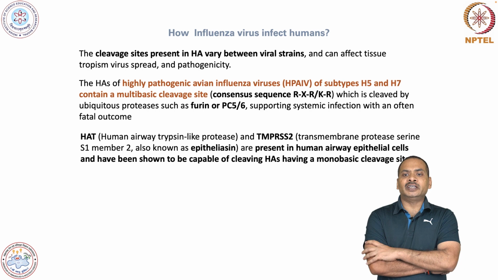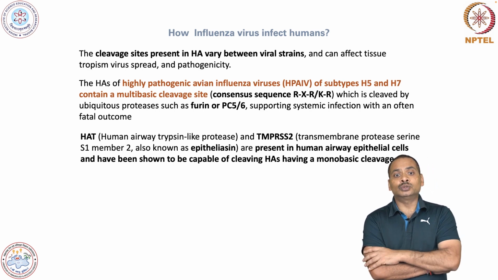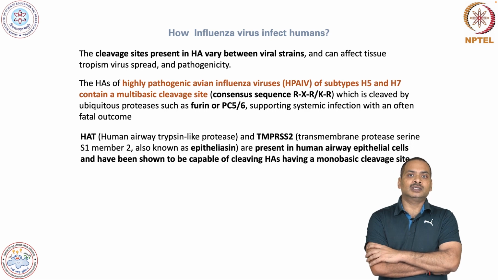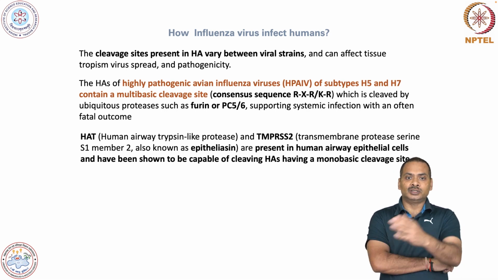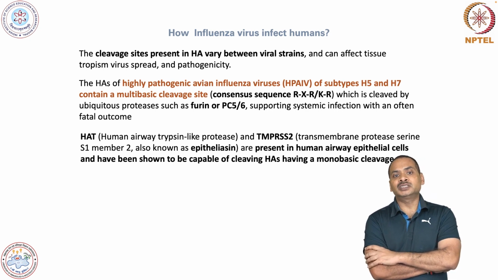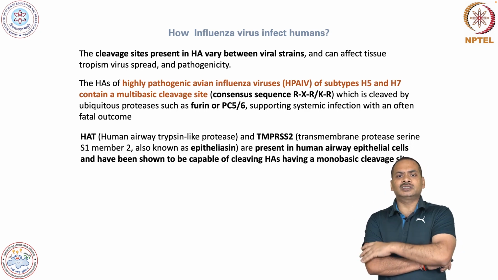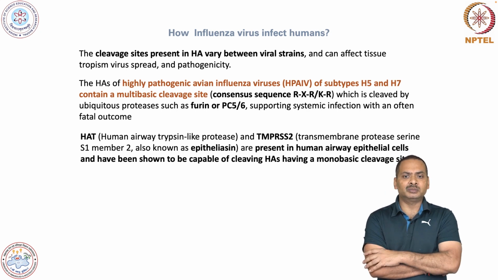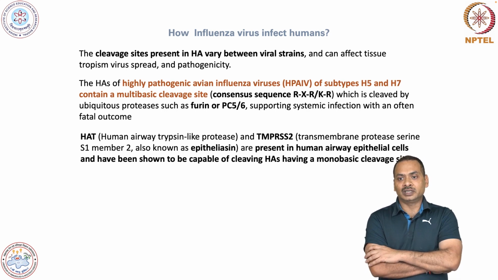They are present in airway epithelial cells and have been shown to cleave the HA protein having a monobasic cleavage site. Over there you saw a multibasic cleavage site with many consensus sequences; if there is only one, it is a monobasic cleavage site.